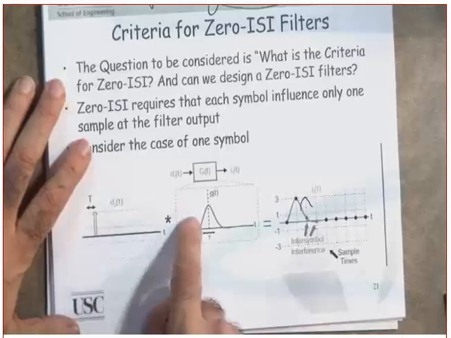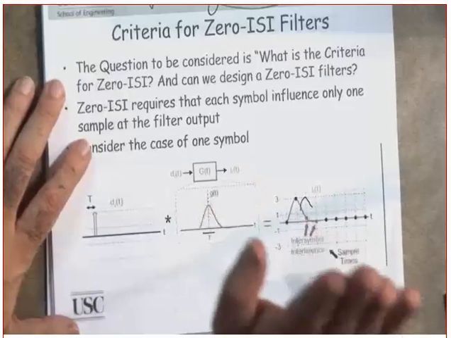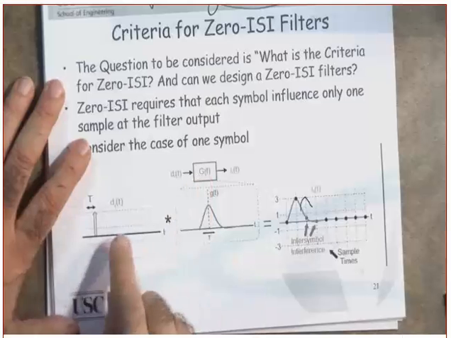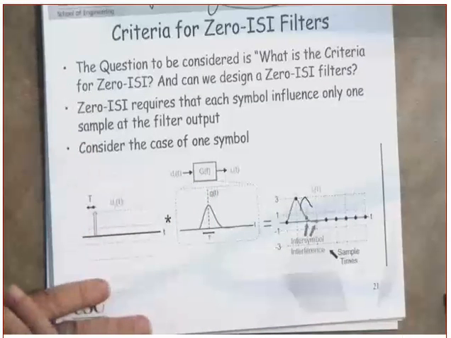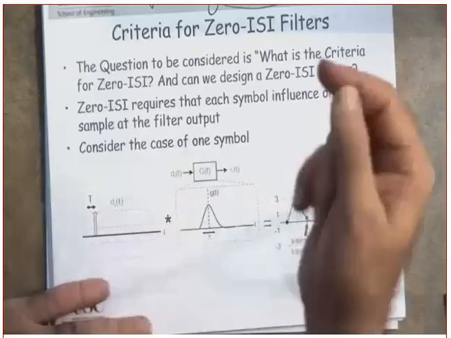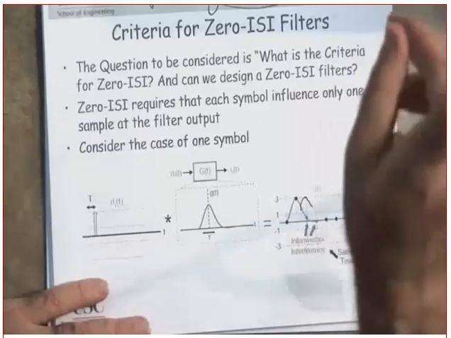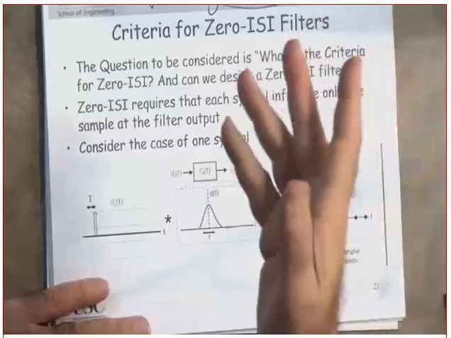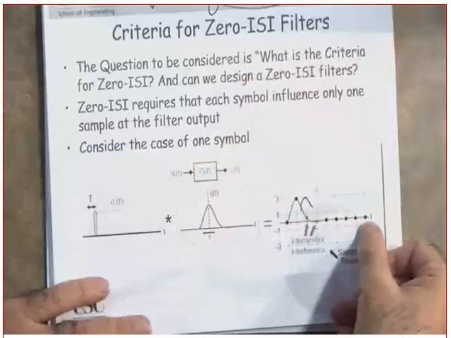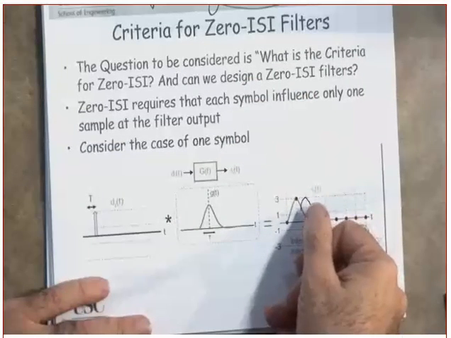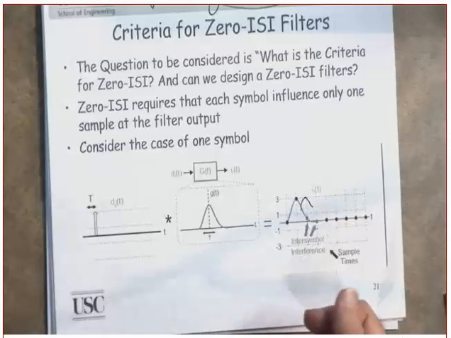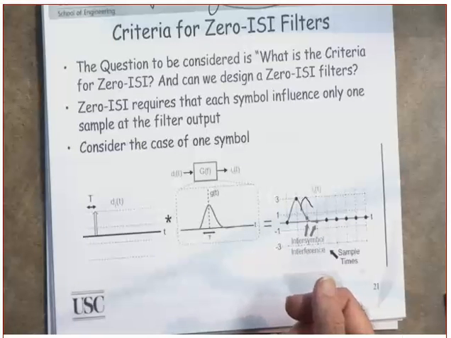So when you convolve it with this, it will be delayed by the same value in here, theoretically speaking. How many symbols do I have every second? I have one symbol, for example, every T second. At what rate am I going to sample? One every T sub S second.